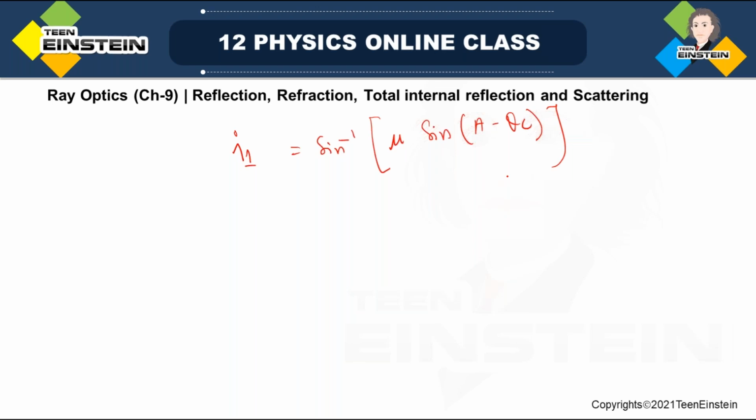So from here, if we just break this, sine inverse of mu, sine a, let this be mu as it is, sine a cos theta c minus cos a sine theta c, right?